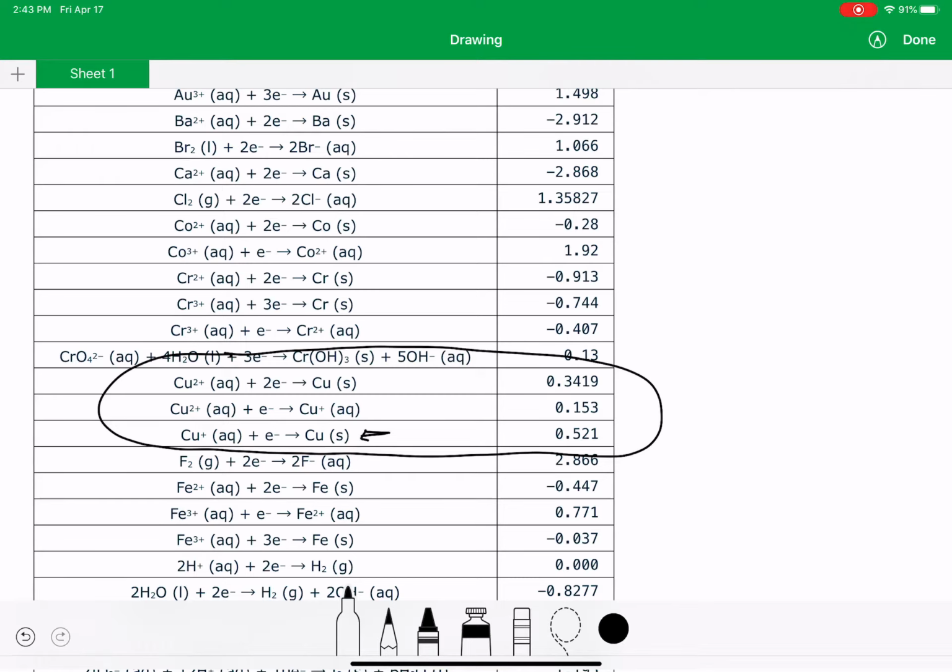This reaction down here nowhere has a copper 2+ in it. This is copper plus going to copper, so we know it's not this one right here. So we've got it narrowed down to 2. It's one of these 2 half reactions, and we have to figure out which one it is. They both have copper 2+ as a reactant, so they have different products, copper versus copper plus.